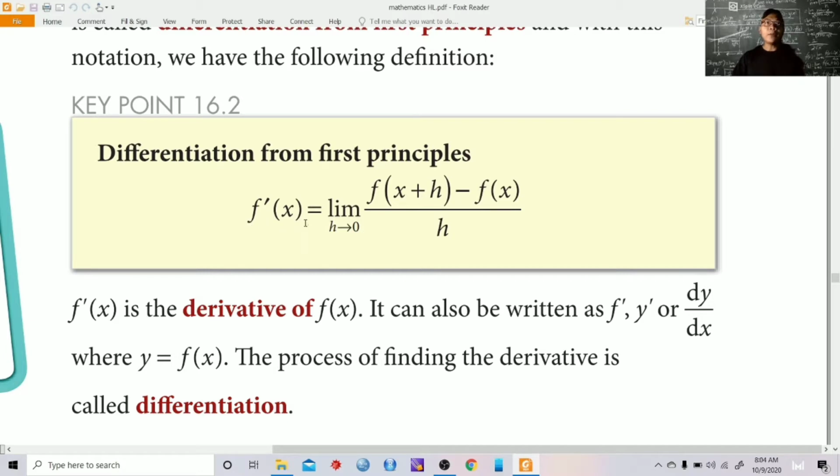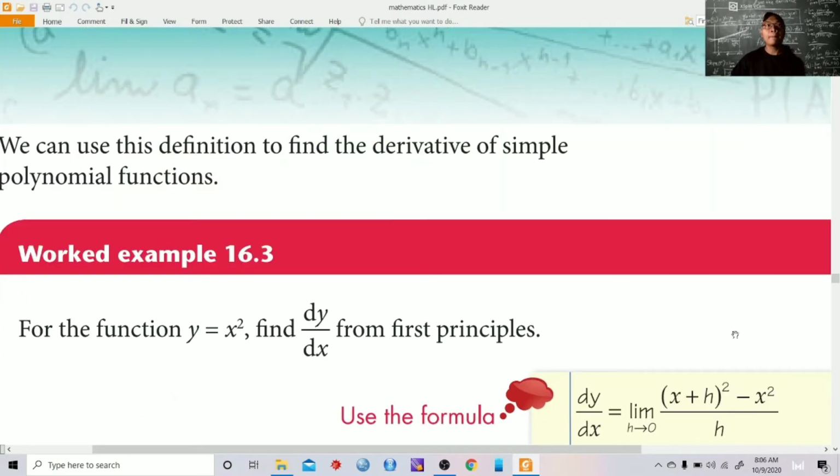So f prime of x is what we call the derivative of the function at x. For example, for the function y equals x squared, find dy over dx from first principles. So dy over dx is also f prime of x.